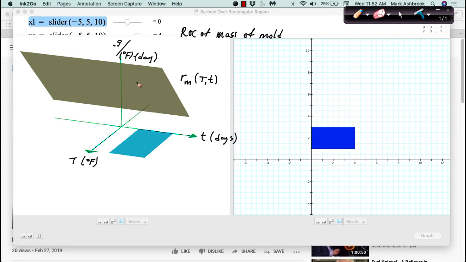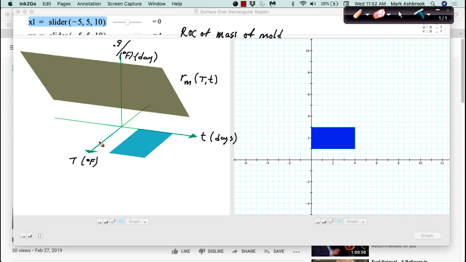We were talking about these multivariable functions that were rate functions, like a rate of change per 2 quantities. So I just kind of made this up. Like this surface here, you could think of this as maybe rate of change of mass of mold in grams per degrees Fahrenheit per day.